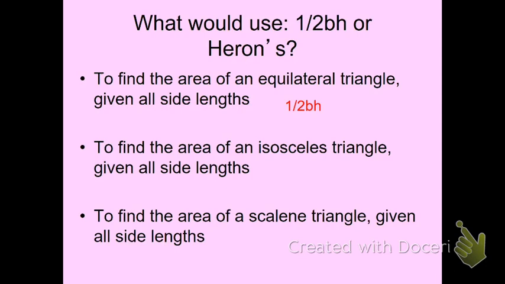To find the area of an isosceles triangle given all the sides, I would do the same thing, split it in half, find the height using trig or Pythagorean theorem. But if it's scalene and you know all the sides, then that's when you should use Heron's formula, because splitting it in half isn't really possible in a scalene triangle. That's it. Hope you feel better about finding areas of triangles and trapezoids.